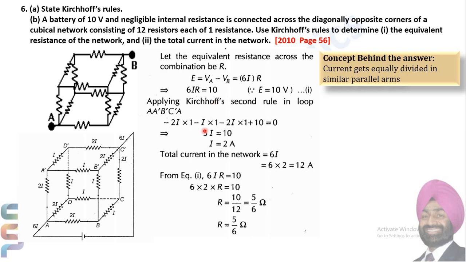Okay, now since total current from the battery is 6I and resistance of this part is, say, equal to R, the voltage as given is 10 volt, 10 volt potential difference, 6I into R, 6I is current. If R is the total resistance, then 6I into R should be equal to V according to Ohm's law.